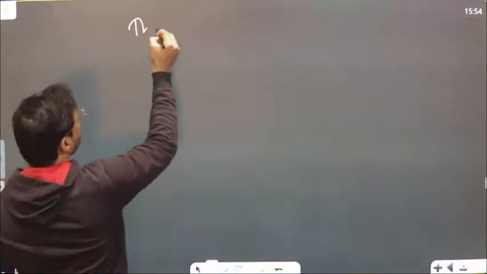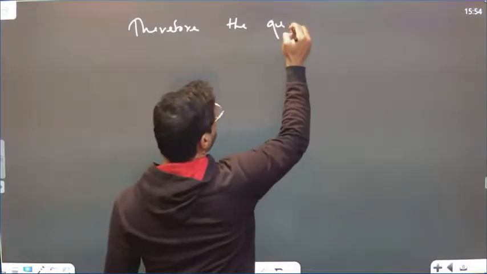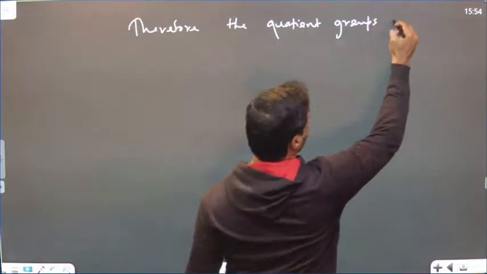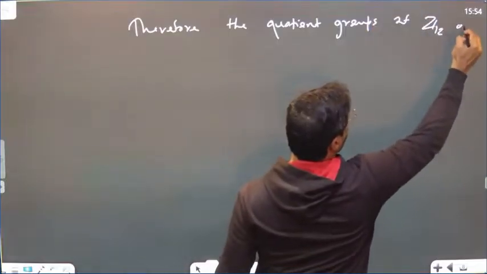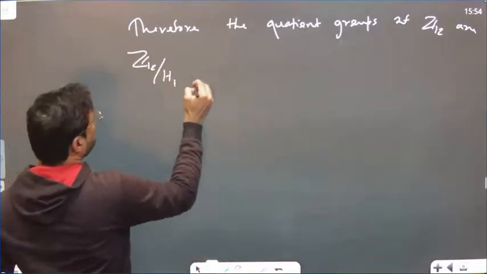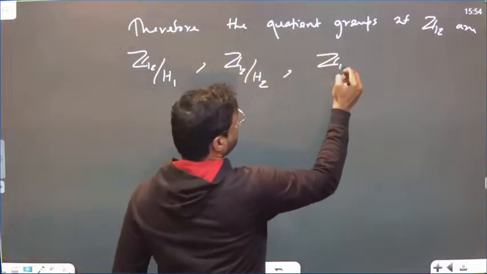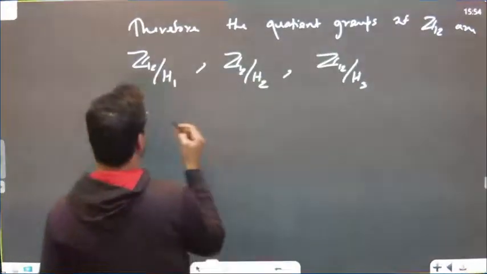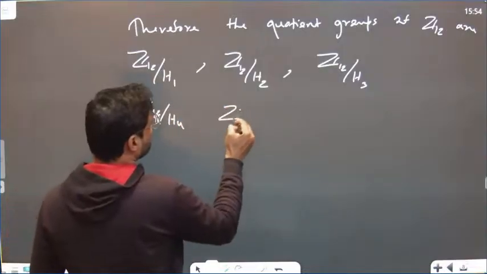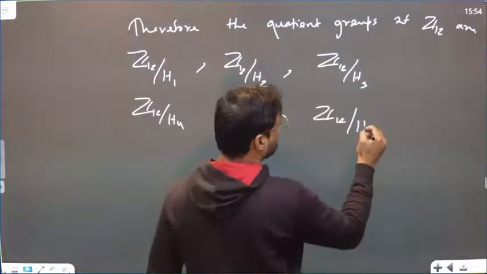Therefore, the quotient groups of Z12 are simply Z12 upon H1, Z12 upon H2, upon H3, upon H4, upon H5 and Z12 upon H6.